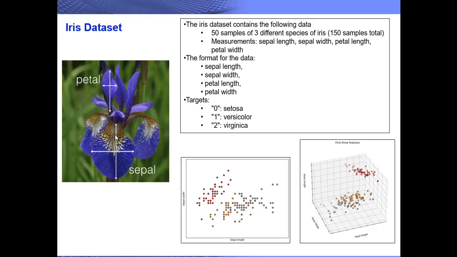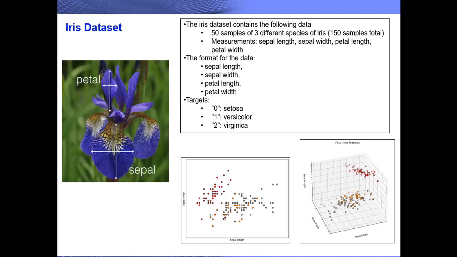The downside is the sepals, and the upside of the flower is the petal. The total number of samples in this data set is 150, and as there are three categories, for each category there are 50 samples.